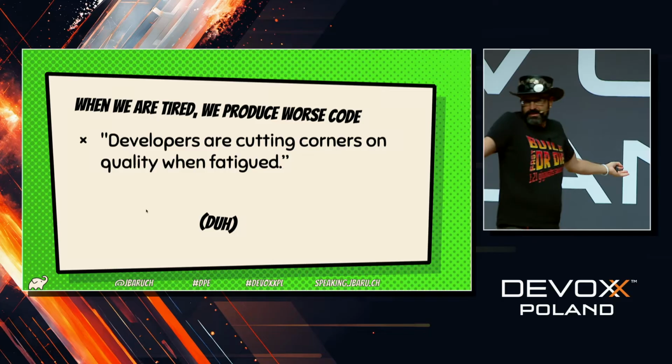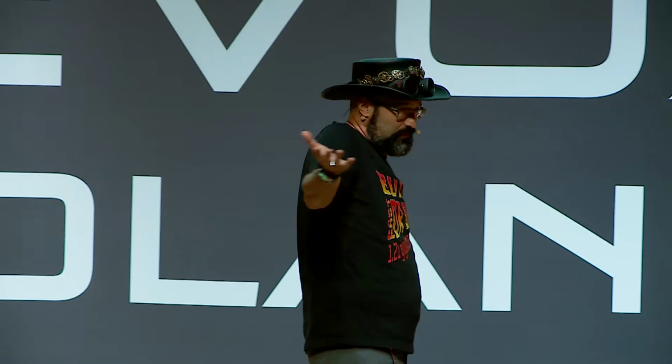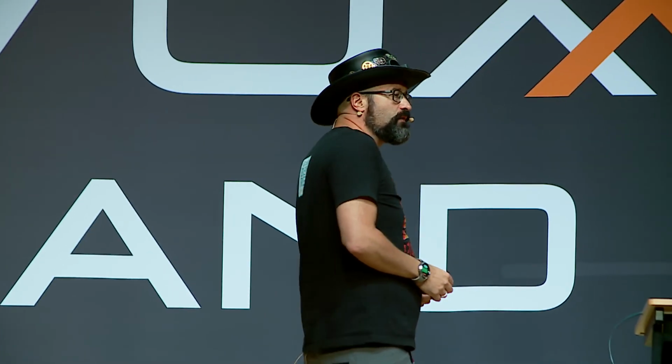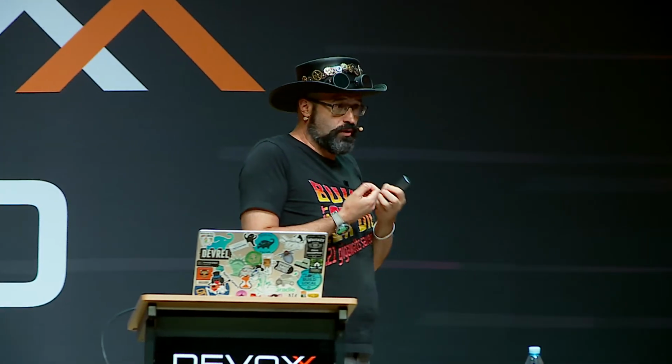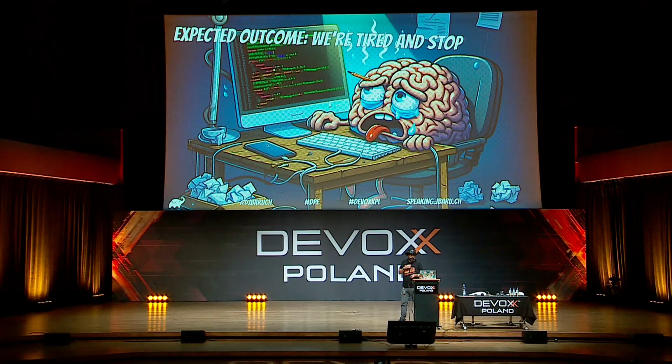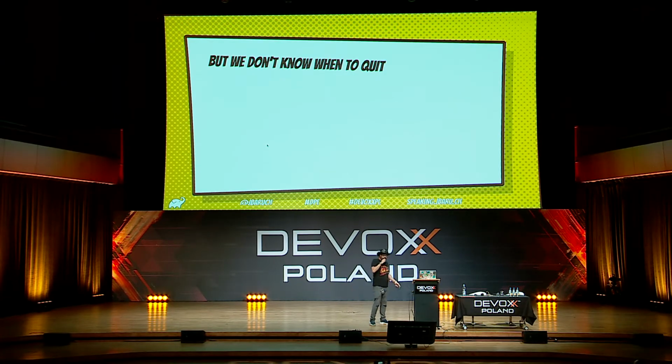But it's a scientific paper, so I guess it's true. But obviously, you all know that, right? You all know that your quality of code degrades when you get tired. And you kind of think that you would stop when you are tired and produce bad code. You just don't do it anymore. The problem is we don't know where to stop.